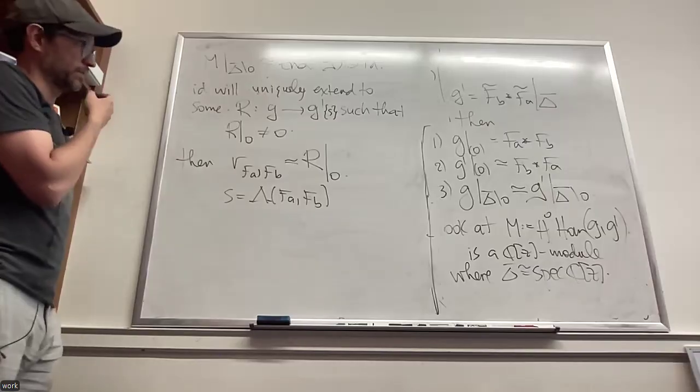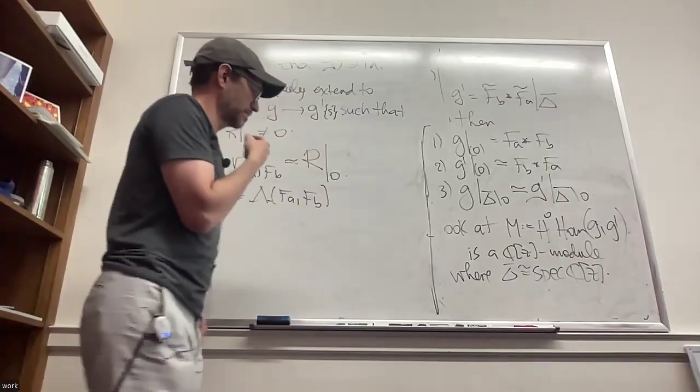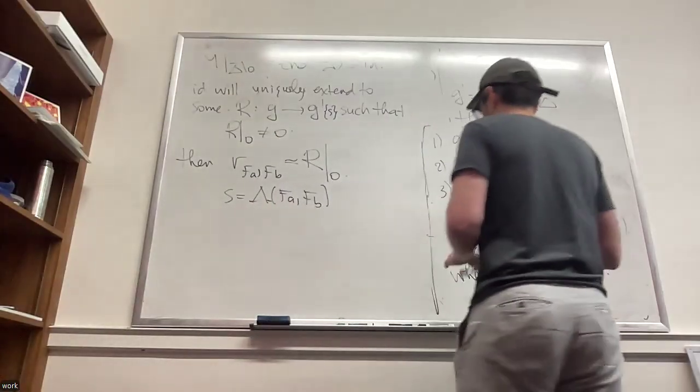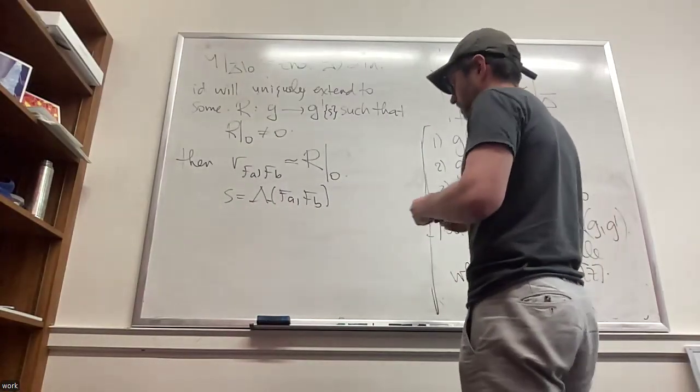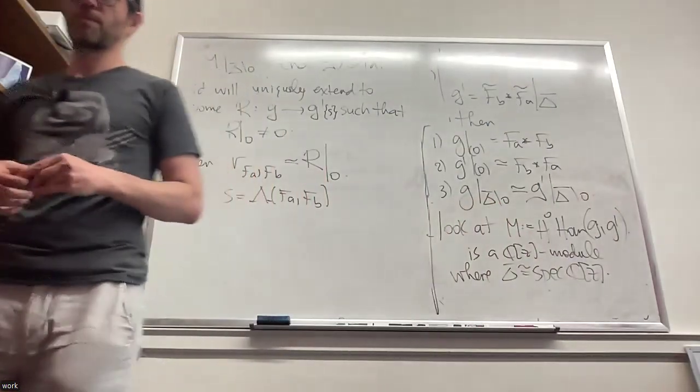Yeah, but why is it not a consequence of the existence of some factorization structure? It reminds me very much of what I saw in Beilinson and Drinfeld's chiral algebras. That's right.